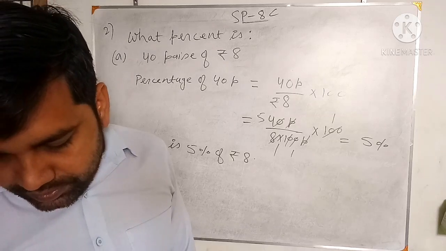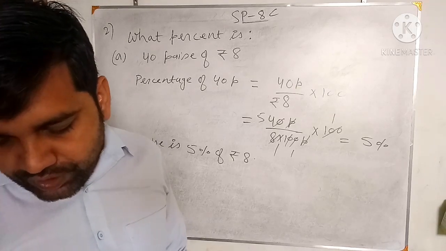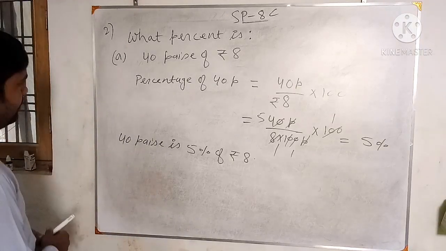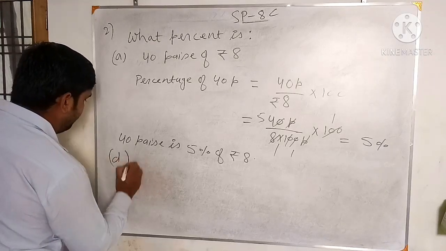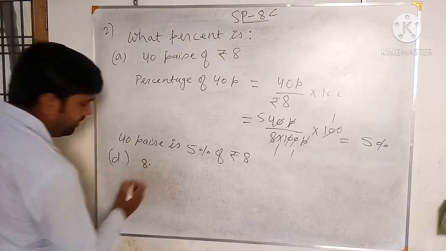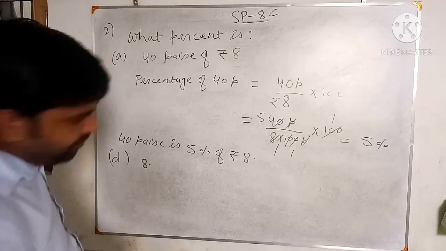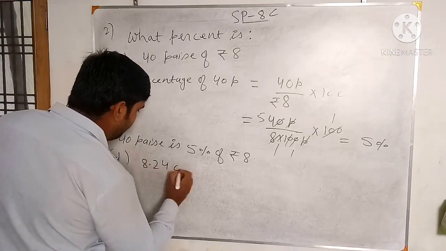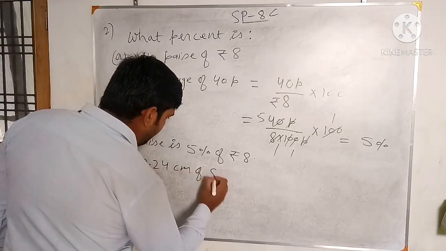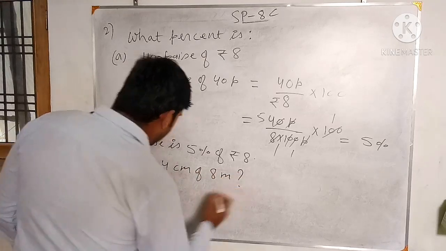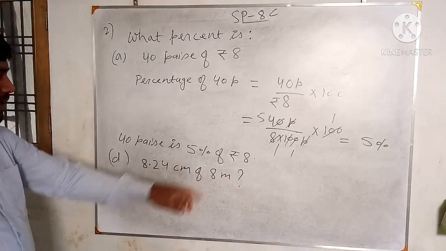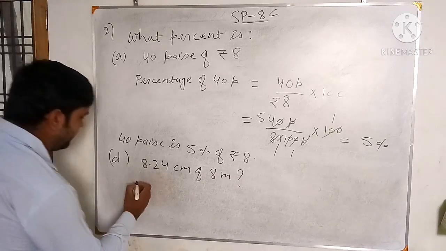Now we do the question D. 8.24 centimeter of 8 meter. So what percent is 8.24 centimeter of 8 meter? Again we find the percentage.